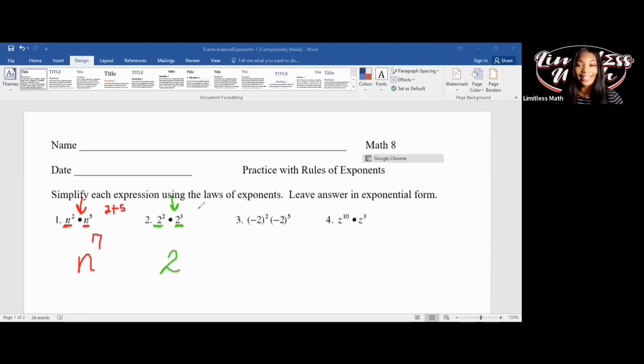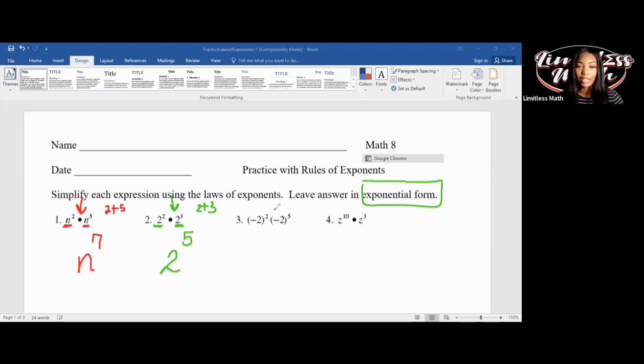We add the exponents. 2 plus 3 give us 2 to the 5th. And that is simplified. It said to leave your answer in exponential form, meaning don't change 2 to the 5th to a number. Just leave it as a base with an exponent.